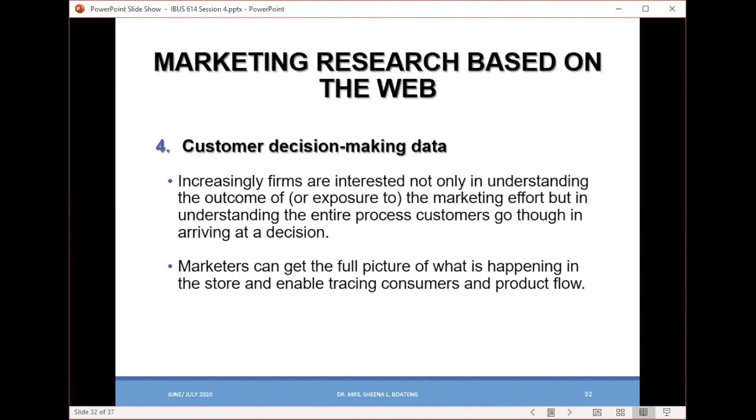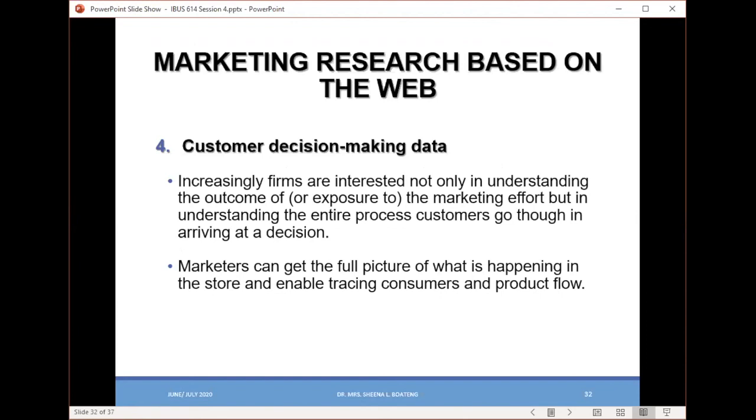You can also look at customer decision-making data, which is used by a lot of the e-commerce platforms that we have. You go and buy something from Amazon or perhaps ASOS, and they get your decision-making data, and based on that, they start making recommendations to you as a result of the decisions you made prior on what you purchased, right? So firms are interested not only in understanding the outcome of their marketing efforts, but also understanding the entire process that customers go through in arriving at the decision.